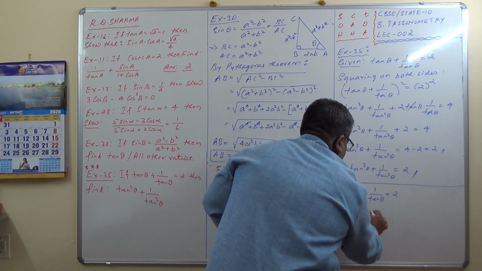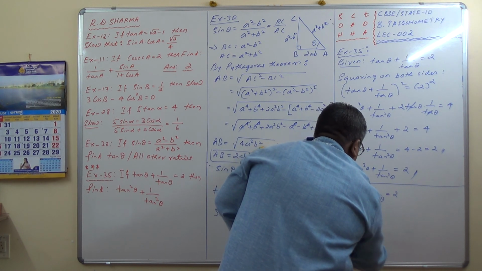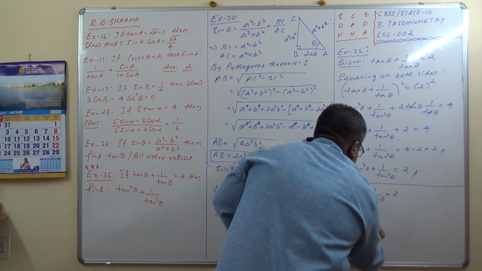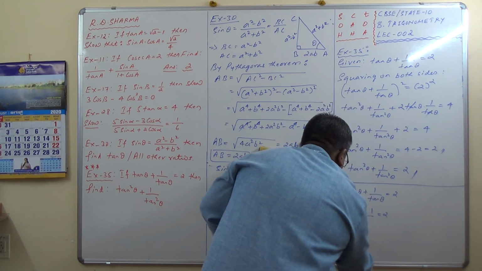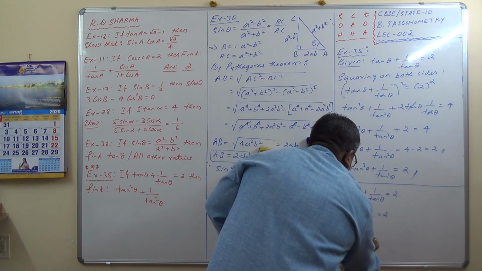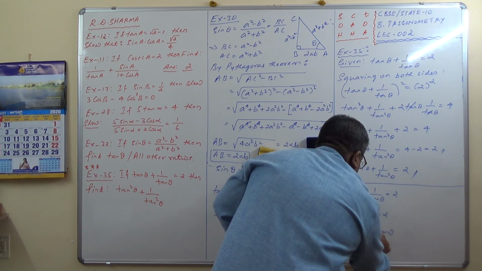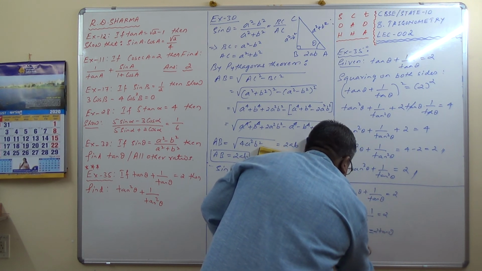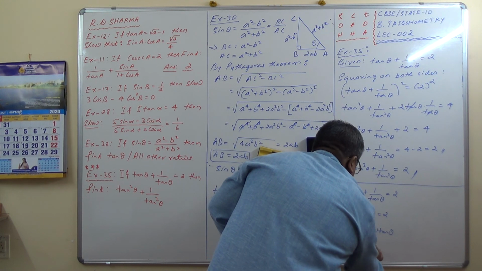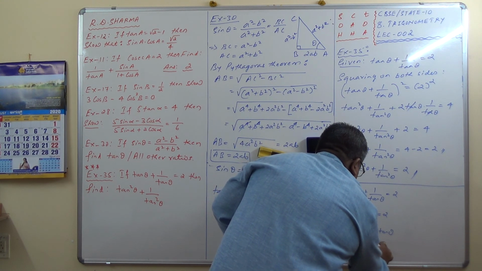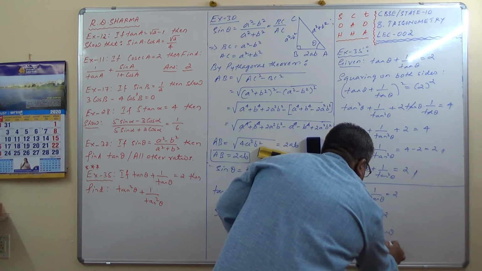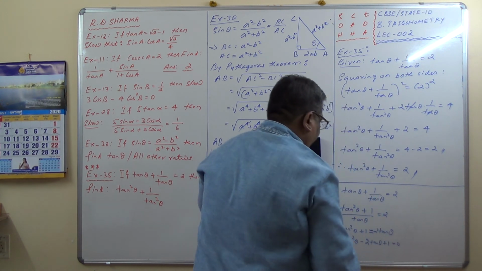Tan square theta plus 1, the whole divided by tan theta, equals 2. So tan square theta plus 1 equals 2 tan theta. This is nothing but tan square theta minus 2 tan theta plus 1 equals 0.